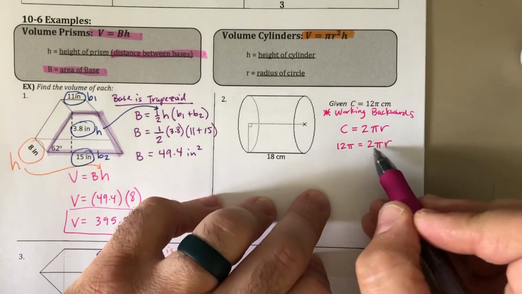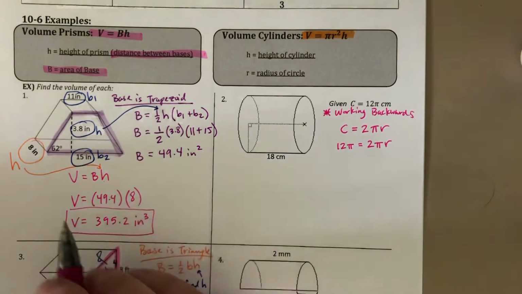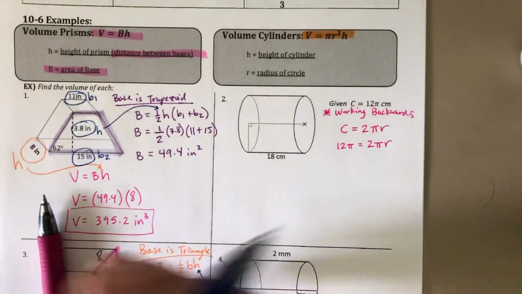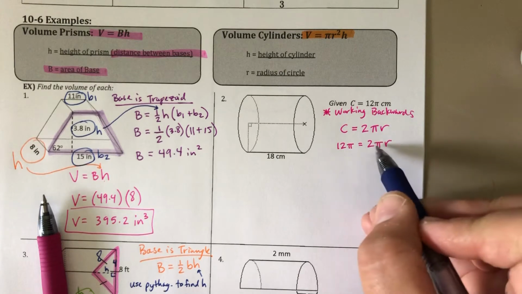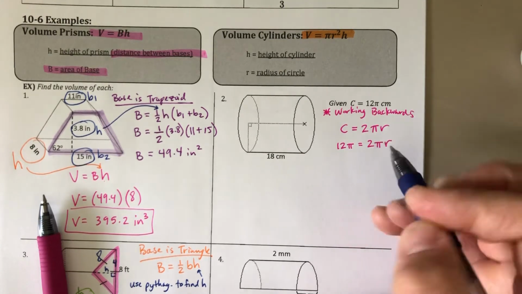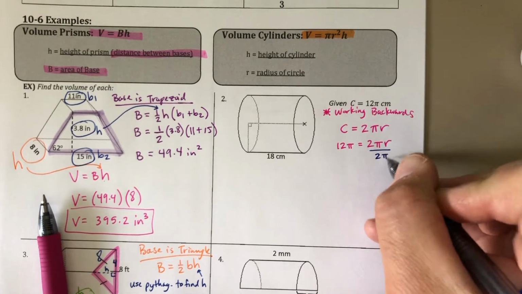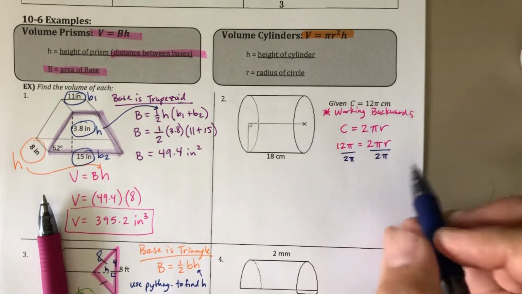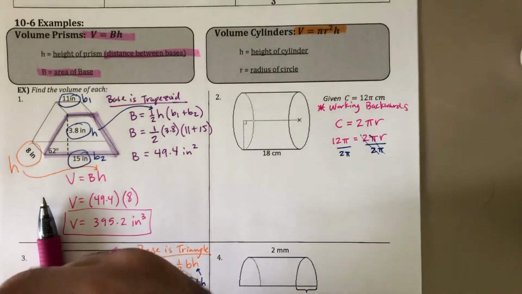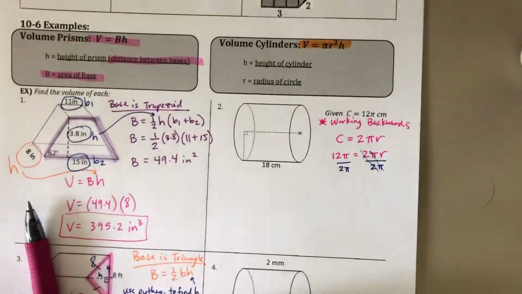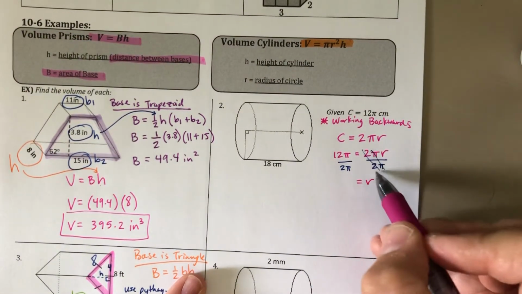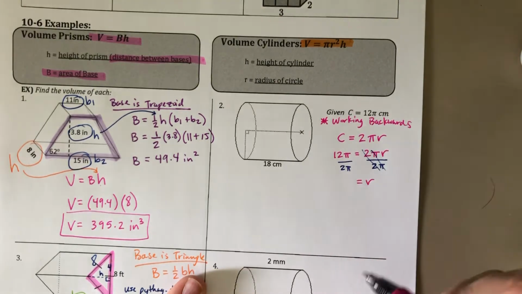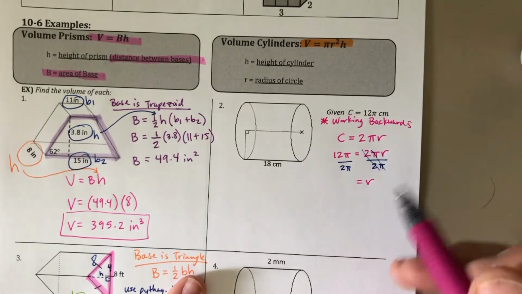Well, 2 and pi, this throws people off sometimes. Pi is just a number, guys. So just like anytime, if I want to solve for this variable r, I've got to undo what's happening. Right now, r is being multiplied by 2 pi. So if I divide by 2 pi from both sides, that will get my r alone, which is what I want. 2 divided by 2 is 1, pi divided by pi is 1, so they don't mean anything, because 1 times r is just r.